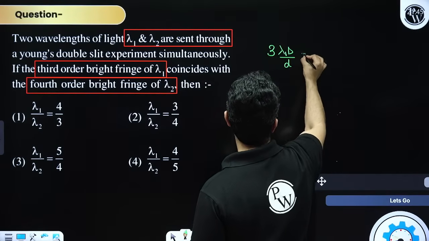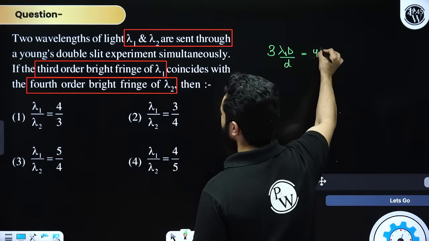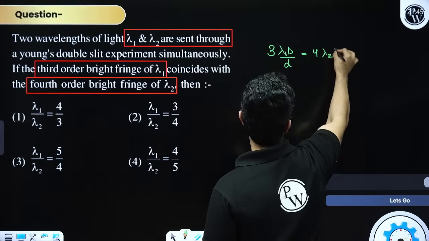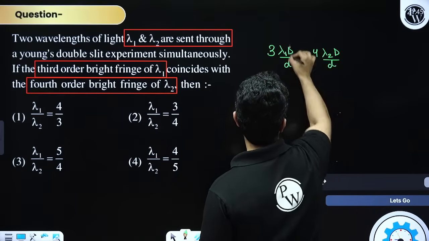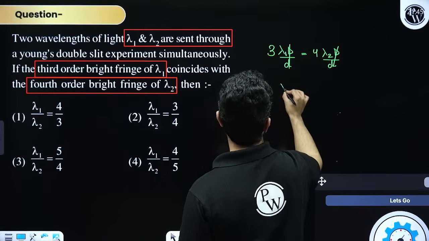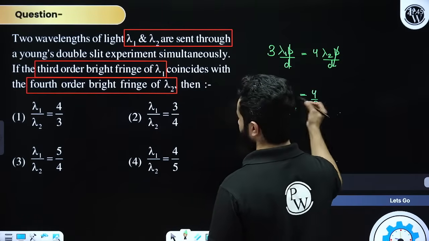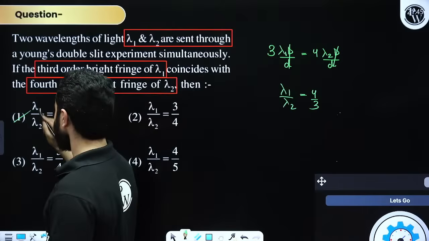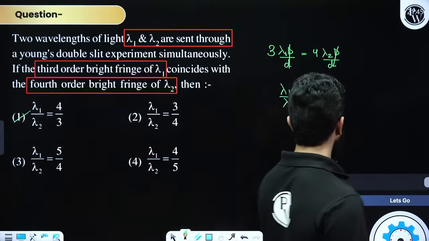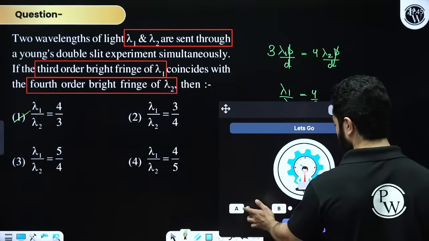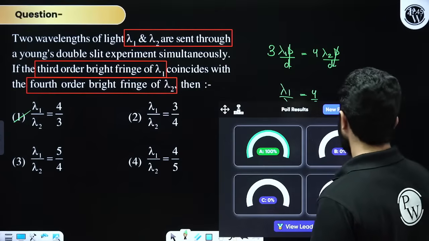Lambda 1 is equal to 4, fourth order, lambda 2 capital D by small d. This gets cancelled out and they are talking about lambda 1 upon lambda 2. So this is 4 divided by 3. That's it here. Very simple. 4 divided by 3. Very, very easy. Very good.